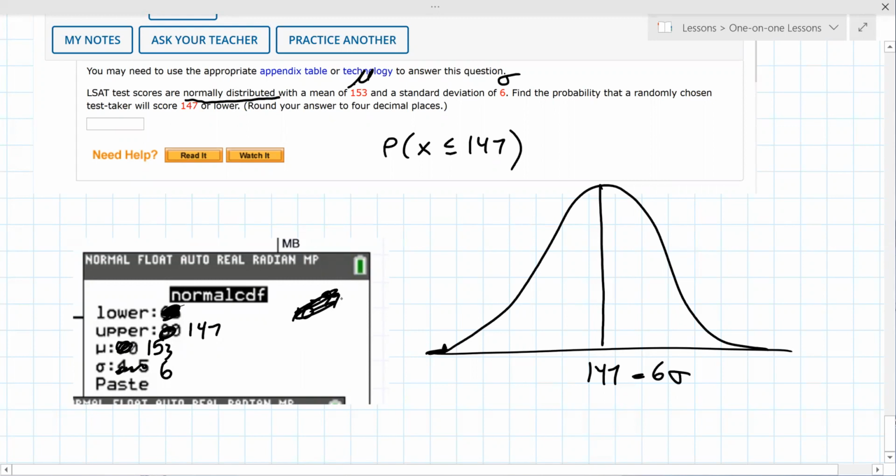If you do this 10 to the minus 99 business, you can potentially run into problems on certain calculators, where it never computes, or a variety of things. In this case, 6 times 6 is 36, so 111 is pretty reasonable, because it's so far away in the tail. That would be my recommendation.